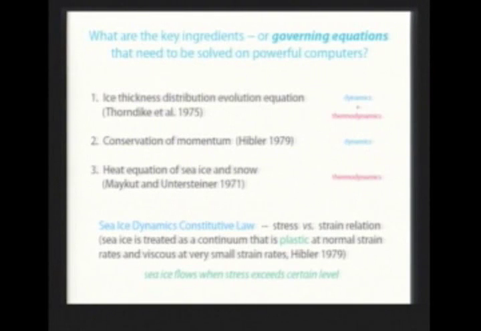What are the key ingredients or governing equations that need to be solved on very big, powerful computers? Well, the ice thickness distribution evolution equation, which involves both the dynamics and the thermodynamics of the ice, is key. This is, in some sense, the holy grail. If you don't have the right initial conditions to run your simulations, well, after a certain number of years, you're going to probably be pretty far off.